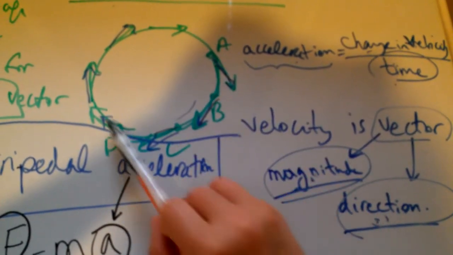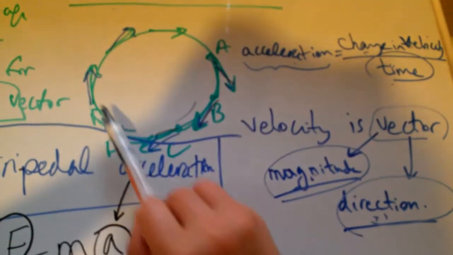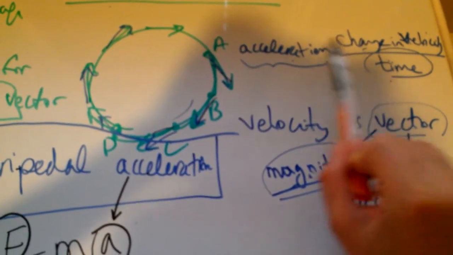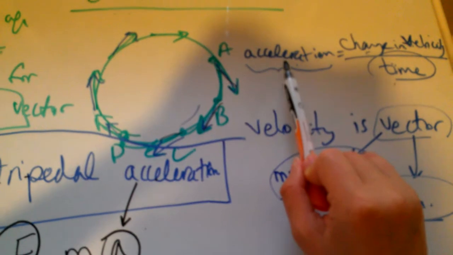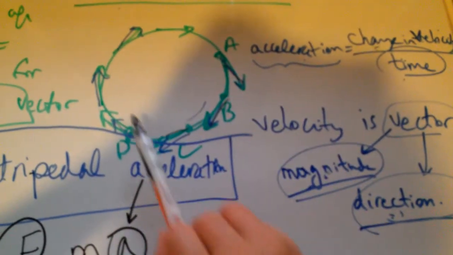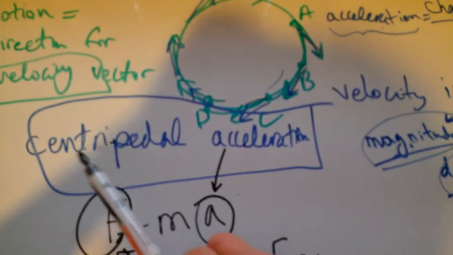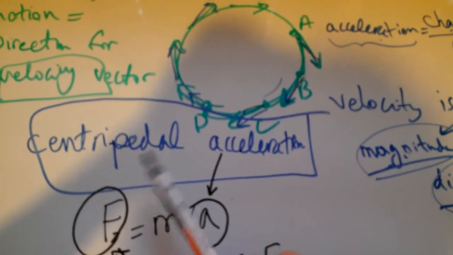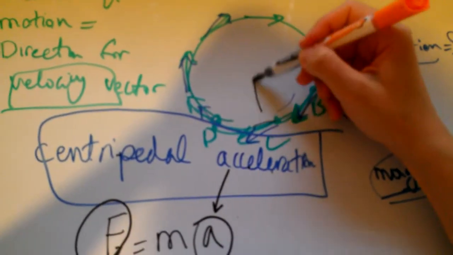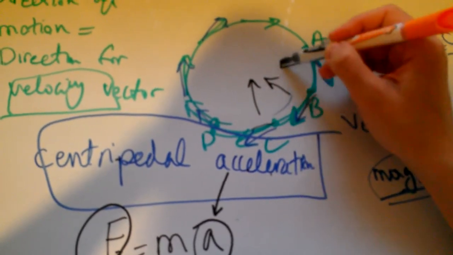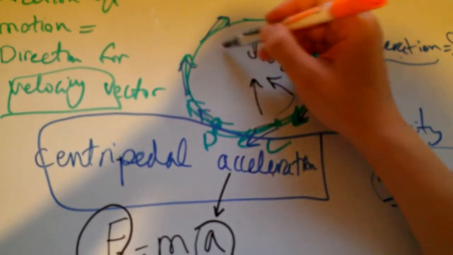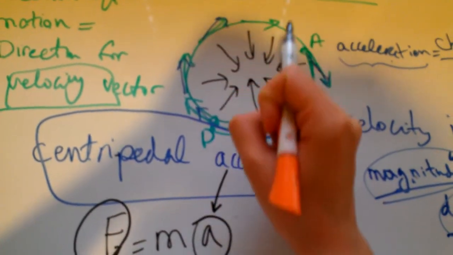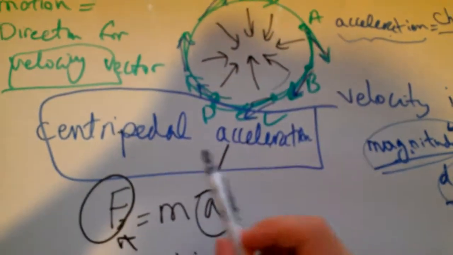Because we see that the velocity vector is changing over time here on the circle, we have change in velocity over time. Therefore, we have acceleration. Acceleration for a circular motion is called centripetal acceleration. This means that it's always inward towards the center. So centripetal acceleration means acceleration that draws things towards the center.